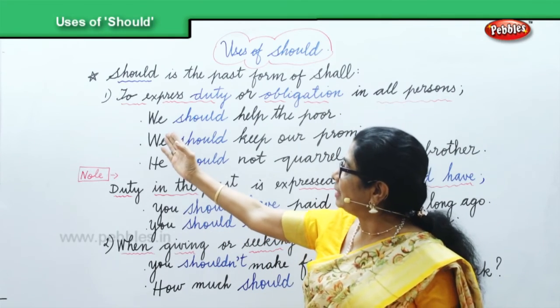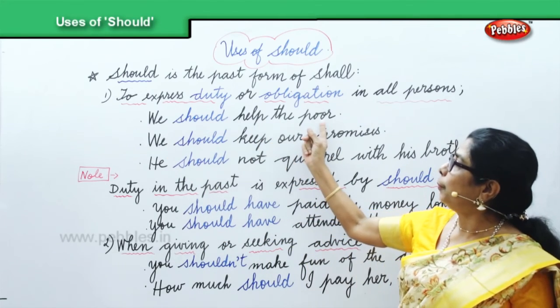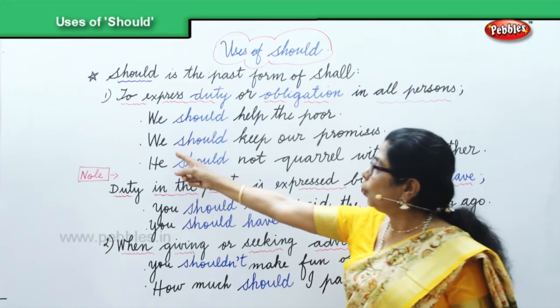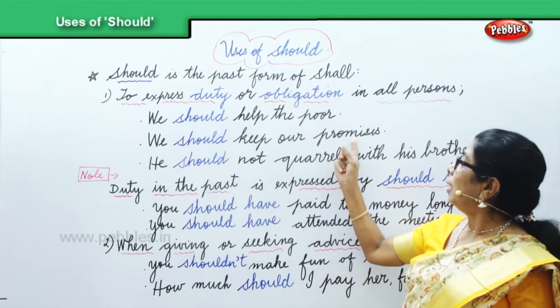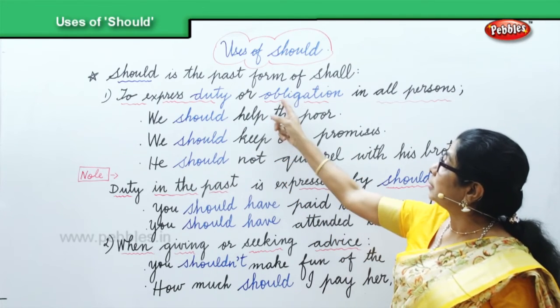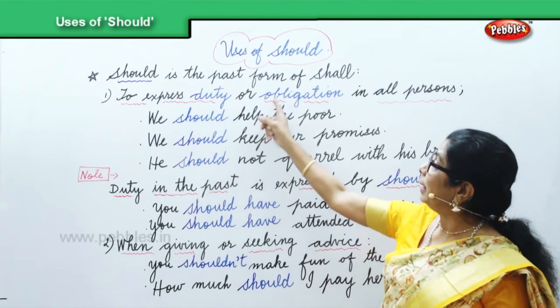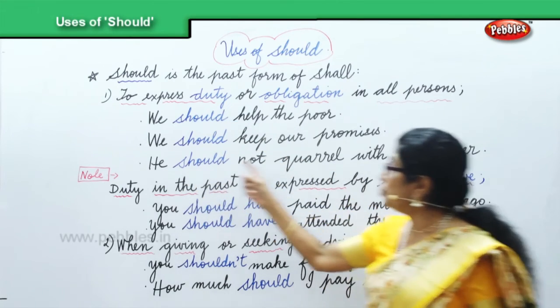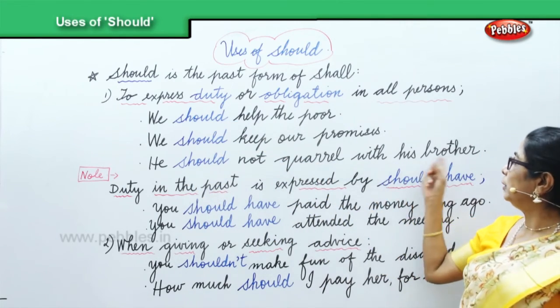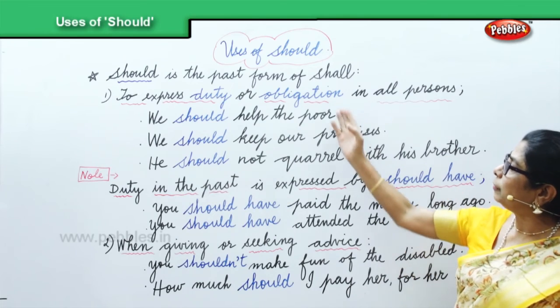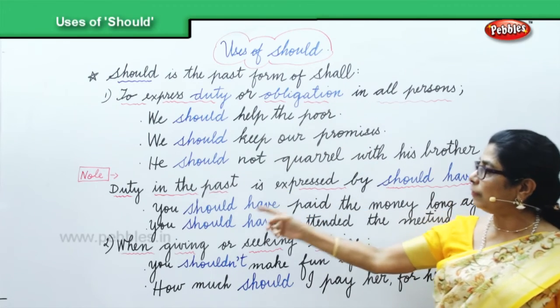We should help the poor. It's a duty. We should keep our promises. If you make a promise, it's a duty to keep a promise. Next, obligation. He should not quarrel with his brother. He's supposed to take care of his brother. His obligation is to look after the brother.